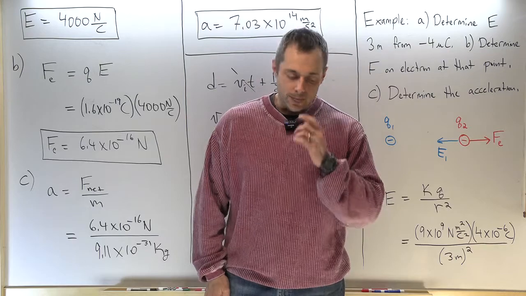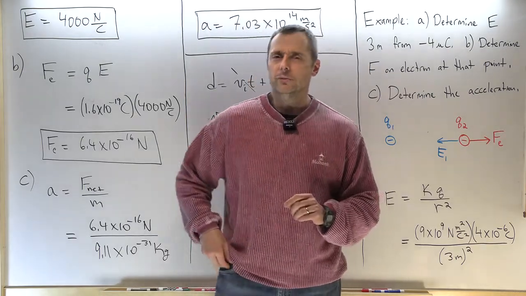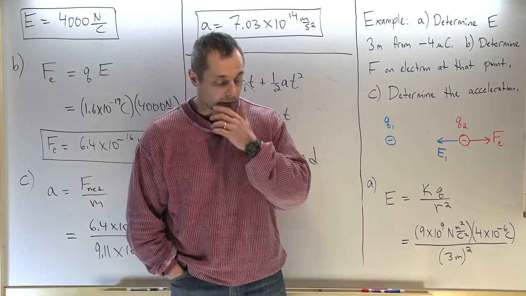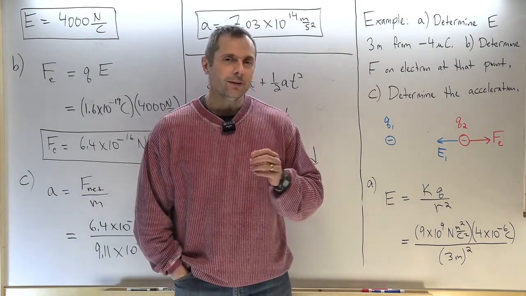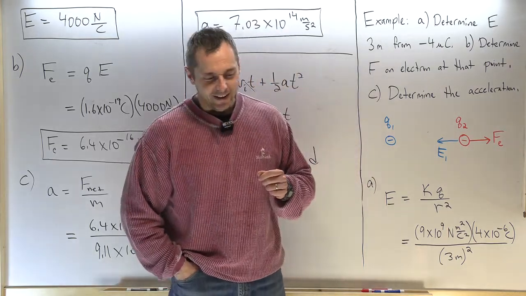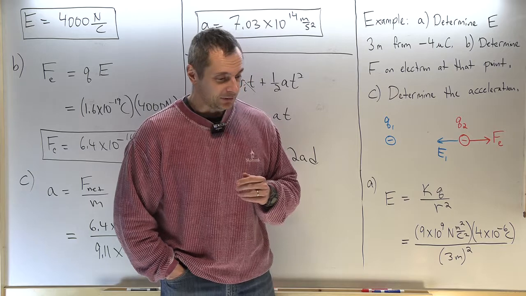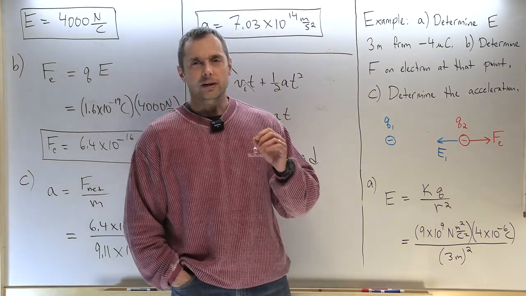Now what I want to do is, that's all you need for the homework. But there are some demonstrations that I would have shown you if I was in class, so I did them with another class. So I'm going to use the time machine again. Hopefully not getting sick of the time machine. I'm going to send you back to see the action of a Van de Graaff generator.